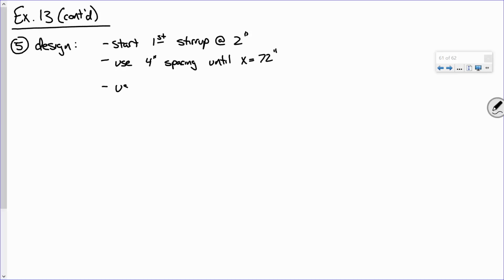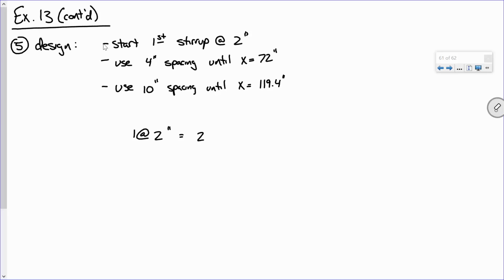Then we're going to use 10-inch spacing until x equals what? 119.4. Oh, 10. Thank you.